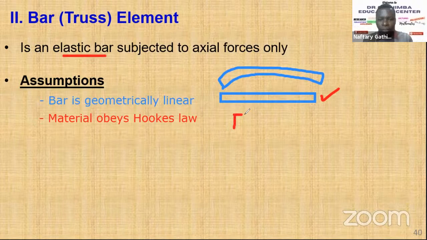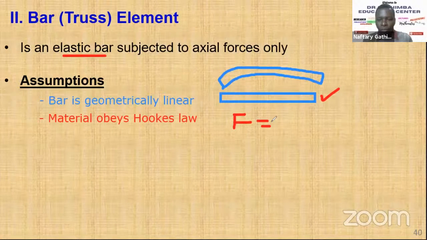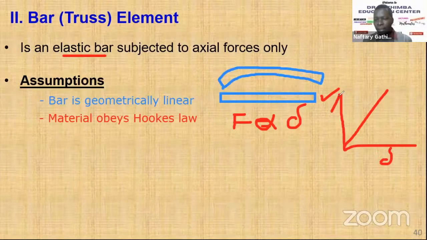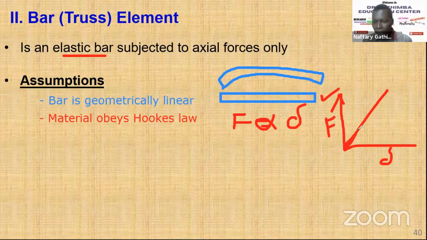So we are considering the stage where force is directly proportional to the deformation or the elongation. So we are considering the linear stage. If this is the curve, if this is the deformation, this is the force. For the bar element, we are considering up to when the force and the deformation are directly proportional.